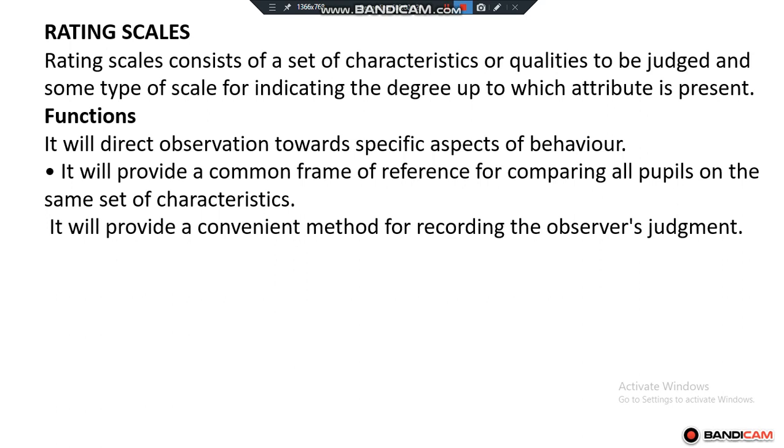We are scaling it out with a degree to which the attribute is present, whether these qualities or these characteristics are present or not. For that we are scaling it in the rating scale. So that is called a rating scale. It is one method of evaluating, an evaluation tool for evaluating the quality of a student's performance.